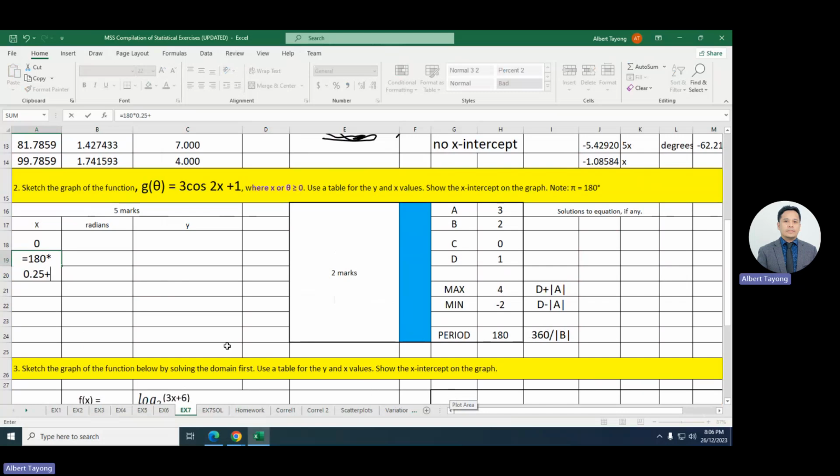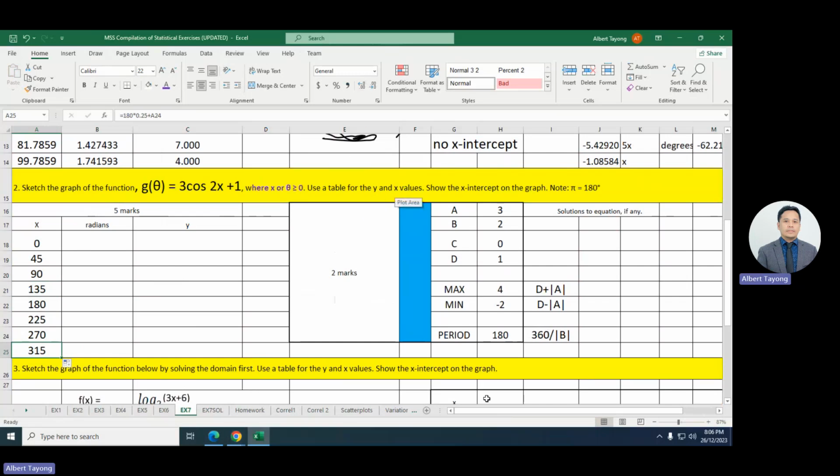Directly you can add 0 above. Okay, from where is 180? From the period. Why 0.25 again? 1 over 4, first quartile, plus above. What is above? 0. So what's the answer? 45. So that means it will keep on adding by 45, 90, 135 until the last.